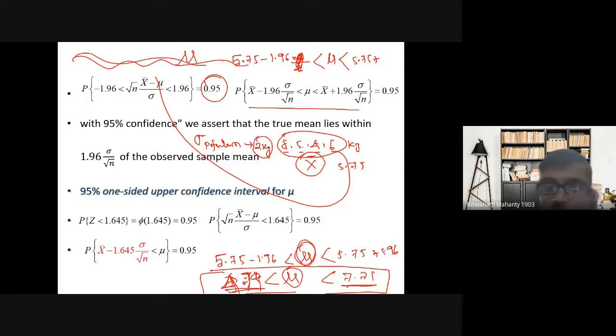I can say that the average weight of the children will be within 3.79 and 7.71 at 95% guarantee. That is where I stop, because I think your learning curve is a little slow, so I'm going a little slow at this moment.